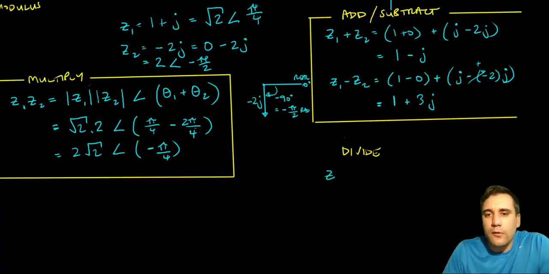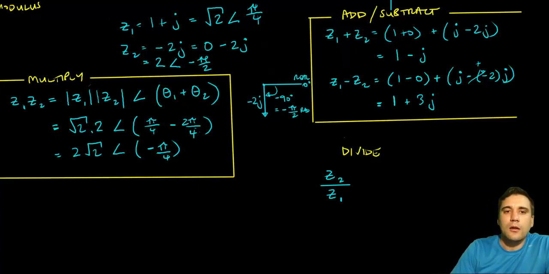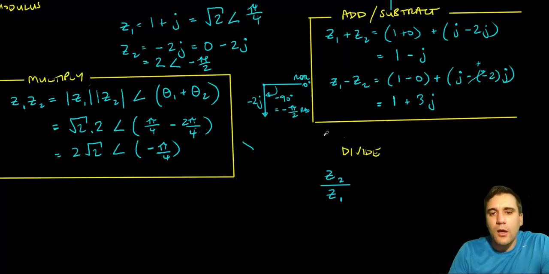So what if we wanted to do Z2 divided by Z1, and not Z1 over Z2? We could do it the other way, but we're just going to do it this way because, you know, it's buckets of fun. Okay, so we've got Z2 divided by Z1.